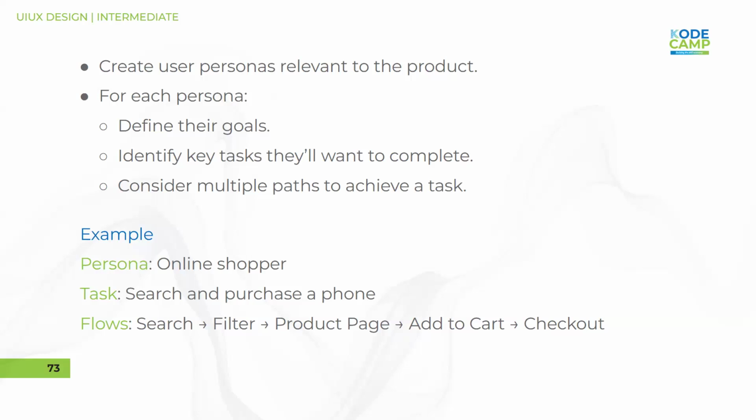What's the path this user can take? The user searches, filters, and from there it takes him or her to the product page. Then from there, you select the product, add the product to cart, and then check out. Okay, so this is the flow of how a user persona should look.